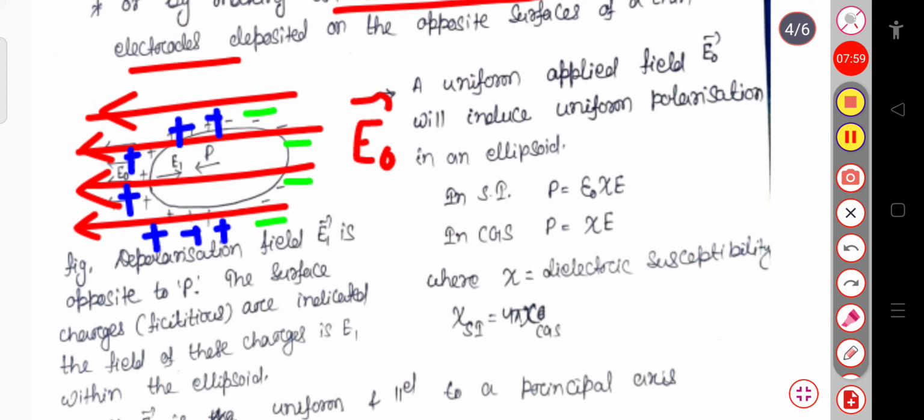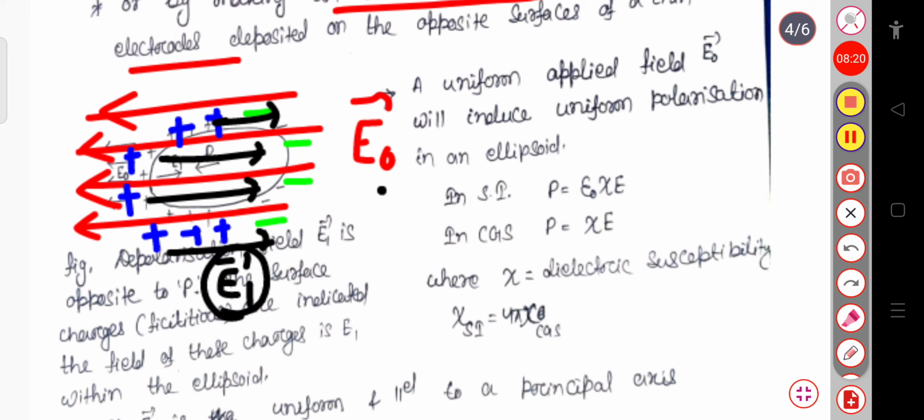Because of this positive charge and negative charge, they will again produce an electric field in this direction, that is E1. And this electric field E1 will try to oppose the electric field E0. So this E1 is called the depolarization field.